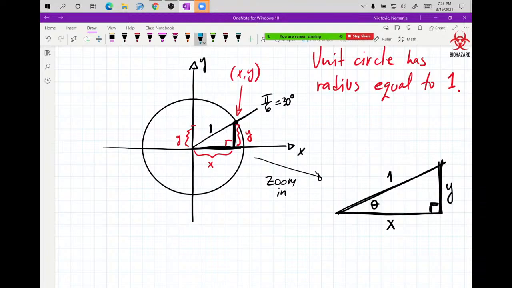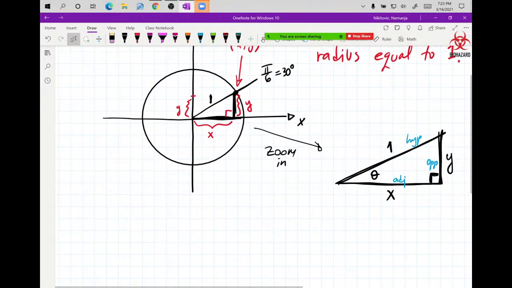So I have my adjacent, my opposite, and my hypotenuse. And if I write my 6 trigonometric functions now, those expressions, they're going to have x's and y's in them. And those x's and y's are actually the coordinates of the point on the circumference of the circle.